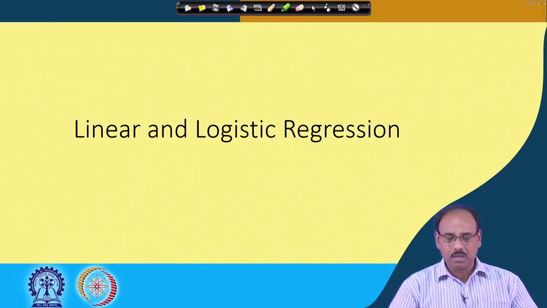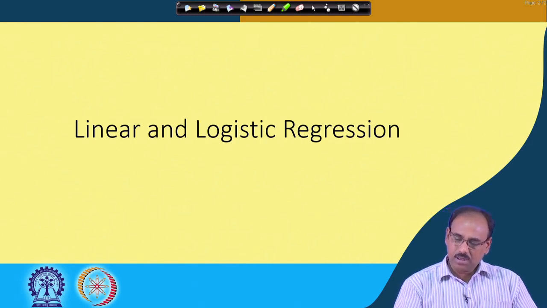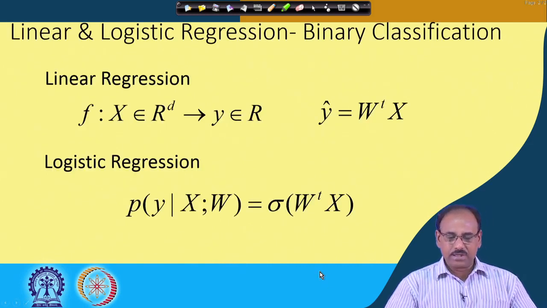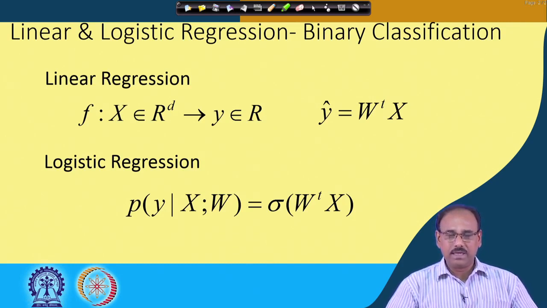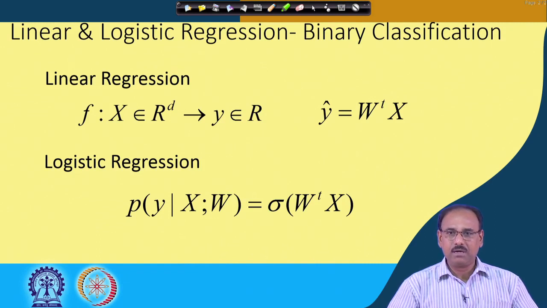So, now I talk about two problems which are known as linear regression and logistic regression, and we will see the importance of this. So, what is linear regression? You find that so far all the problems or the examples that we have considered, as we have just mentioned, are only linear problems.